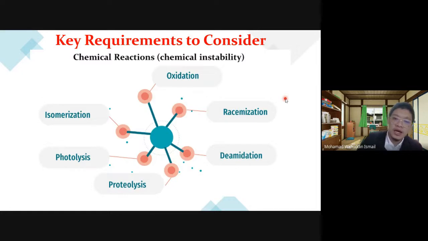Some kinds of chemical reactions usually occur to proteins. First, oxidation with peroxide, and then racemization, and conformation changes like cis strands, because certain cis strands are very important to look at.